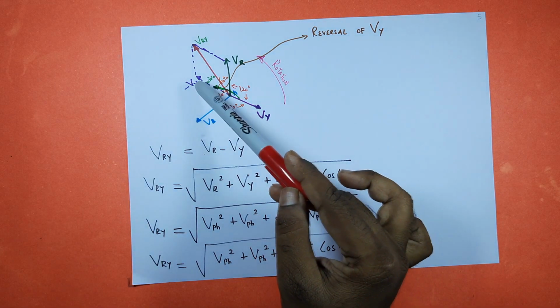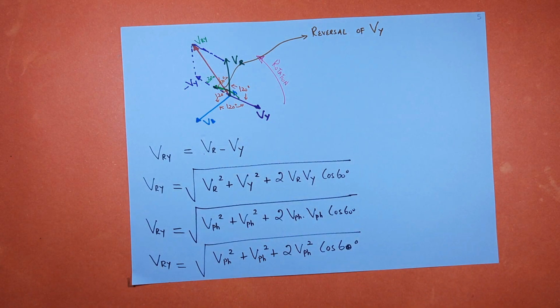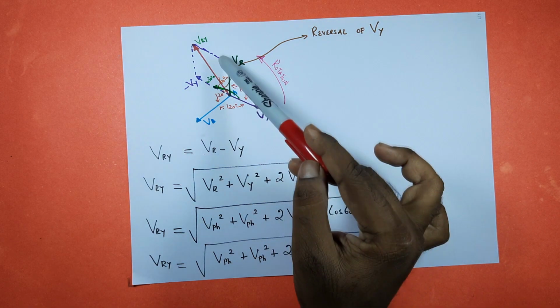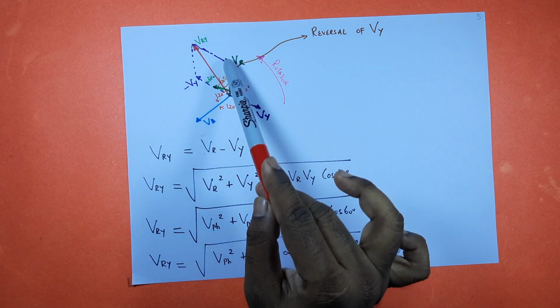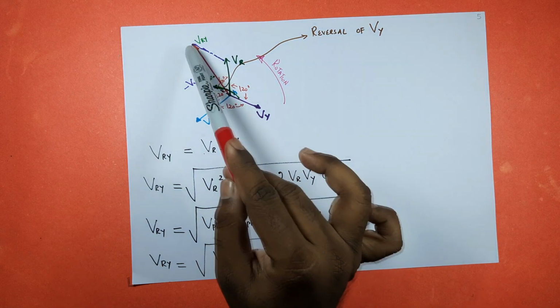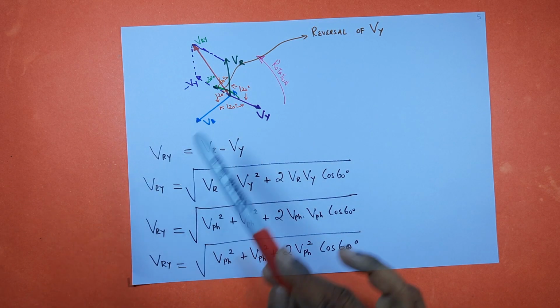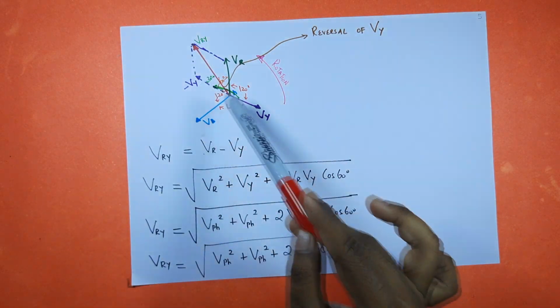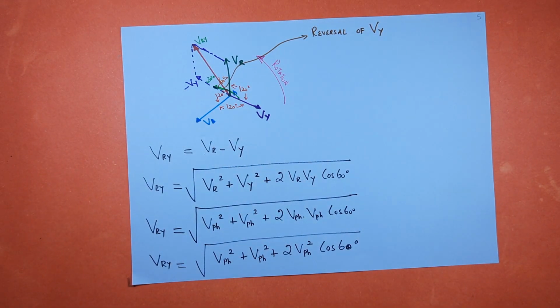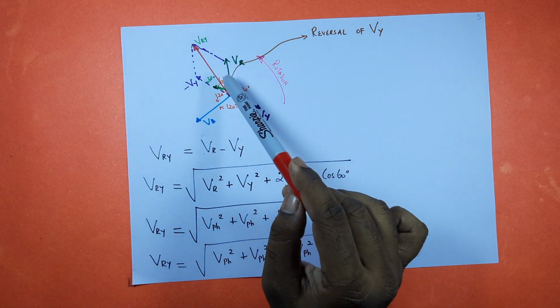So this is the parallelogram law of vector addition. Probably you might have studied it in your plus 2. That means you can move this here. So VR is one phasor, minus Vy is another phasor, and this is VRY, the resultant one.